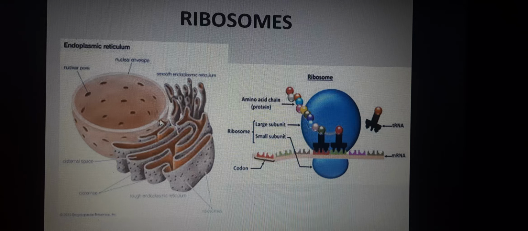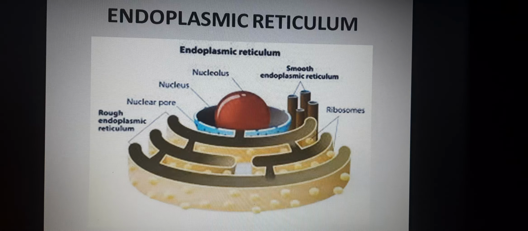Ribosomes are present on the endoplasmic reticulum. Here you see this is the nucleus and here is the endoplasmic reticulum. Whenever ribosomes are present on the endoplasmic reticulum, it is called the rough endoplasmic reticulum. Whenever ribosomes are absent, it is called the smooth endoplasmic reticulum or SER.